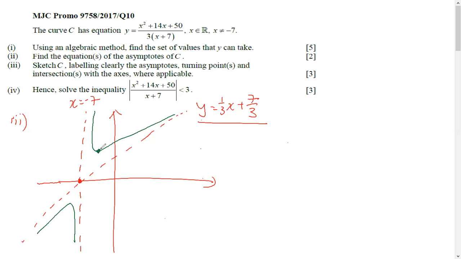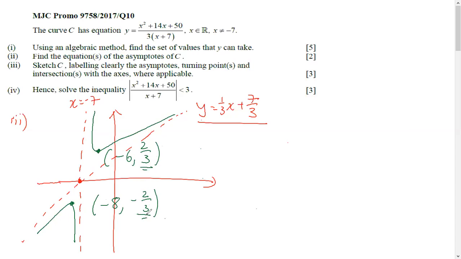So this one here will be -6 2/3, and this one here will be -8 2/3. Take note of the y values here. It's exactly what we calculated just now, 2/3 and -2/3.